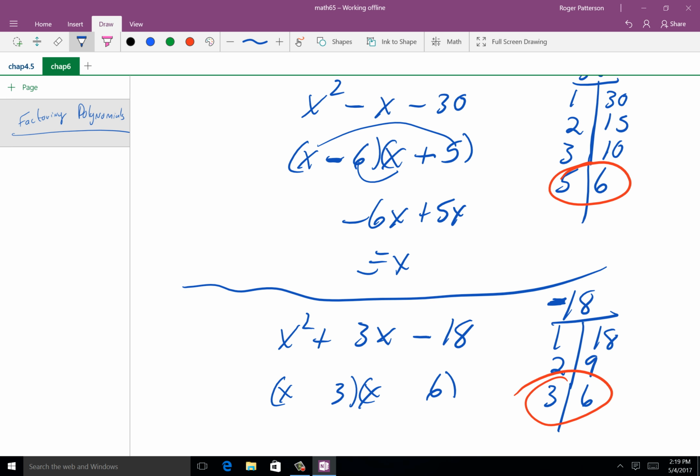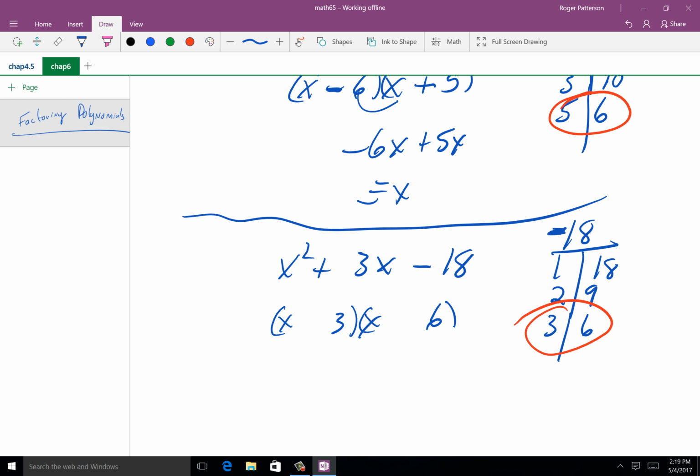So I put 3 and 6 there, and this time I've got to figure out which one's going to be positive, which one's going to be negative. I've got to get a positive 3x. Negative 3x, positive 6x. So there's my answer.